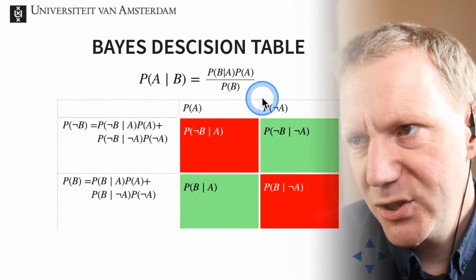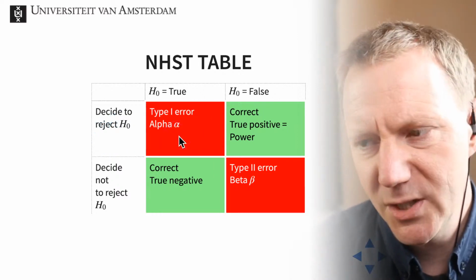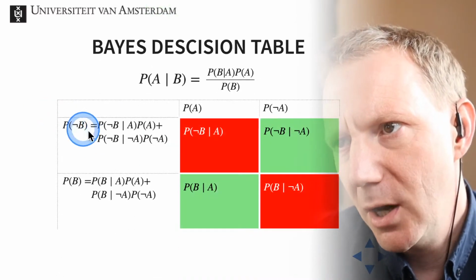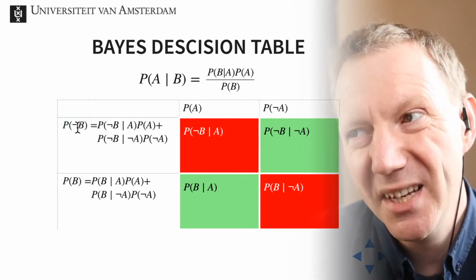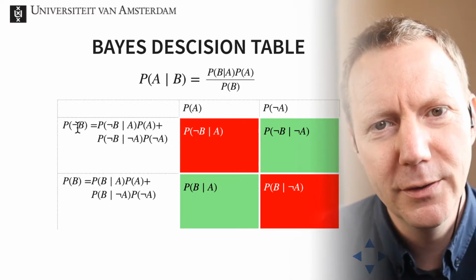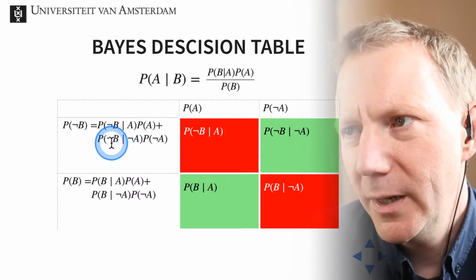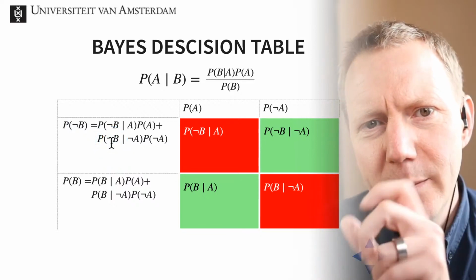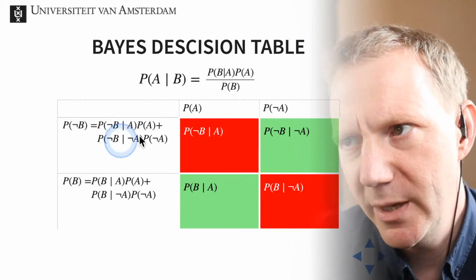Because we're actually stating we decide to reject the null as a state. This is not B, so in that sense you can relate that to rejecting the null or the hypothesis. So we're looking at the same kind of decision scheme here.